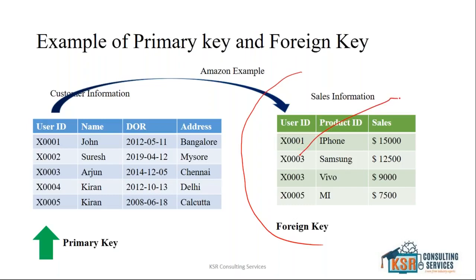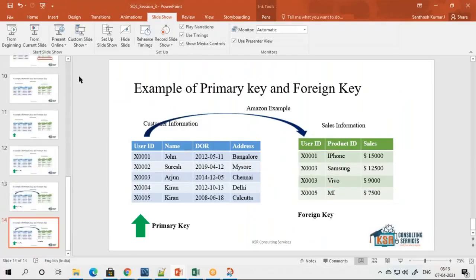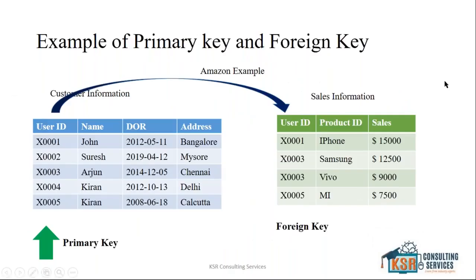What is the name of this person? You cannot tell it. But if you refer with respect to this ID, I can clearly tell the name of the person was Arjun. So this is how I can create a link and take a reference. A very simple, straightforward example.